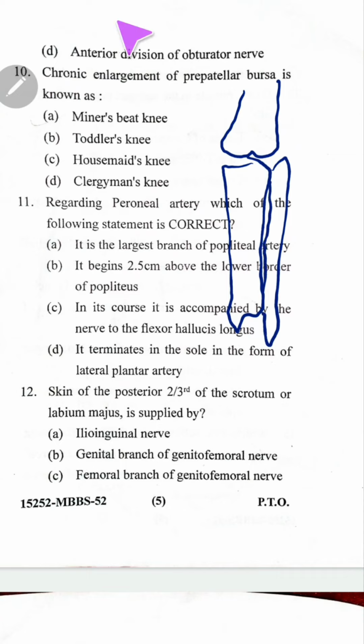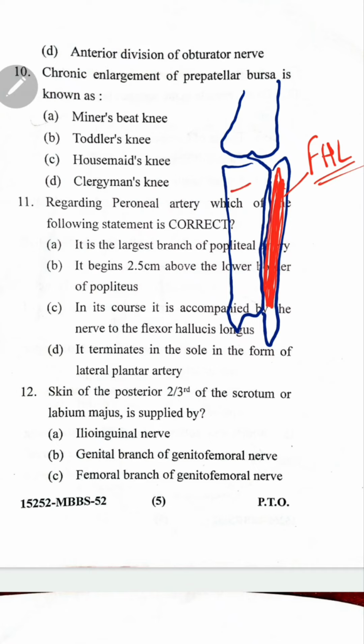This is the fibula. So what muscle takes origin from the posterior surface of the fibula? This muscle is flexor hallucis longus. Remember, I told you about this.